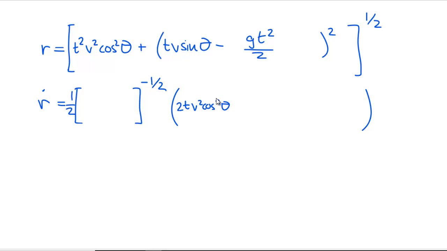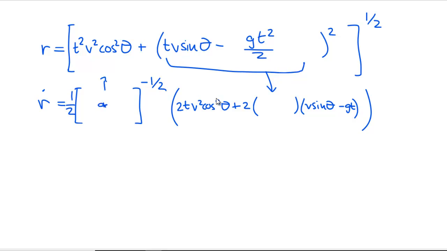And then we've got this bit, which is, oh my word, 2 times that bracket, so the tv sine theta minus all of that, then multiplied again by the derivative of that, which would be v sine theta minus gt. So in here, we've got that bit, and in here, we've got everything in the big bracket up the top, all of that stuff.